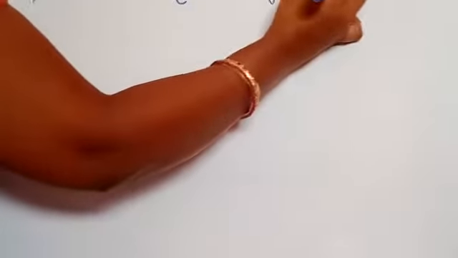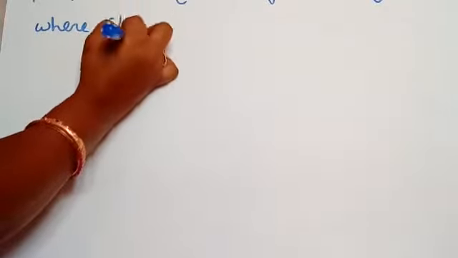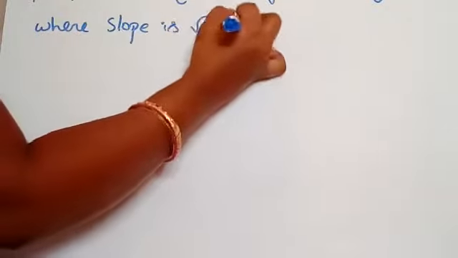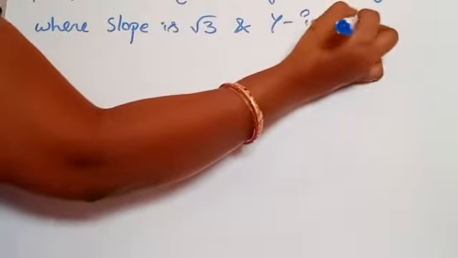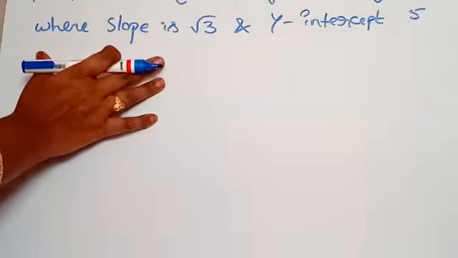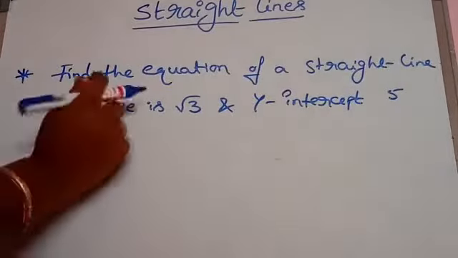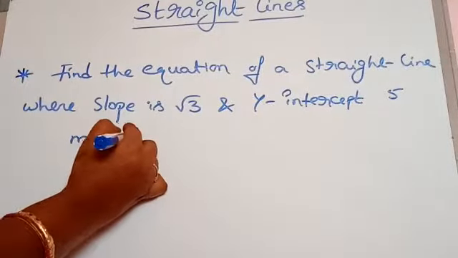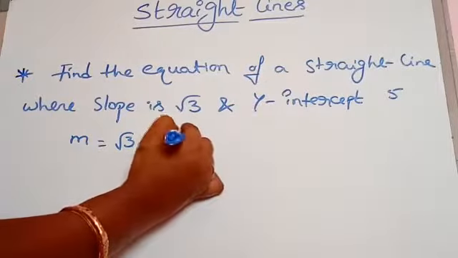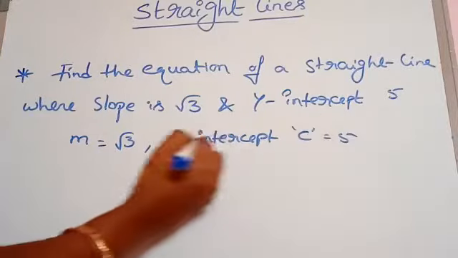Find the equation of a straight line where the slope is root 3 and the y-intercept is 5. Here in the problem, the slope is root 3, that means m is equal to root 3, and we are also given the y-intercept c is equal to 5.